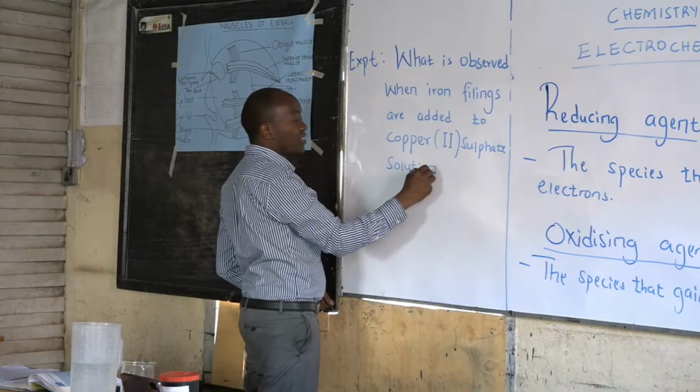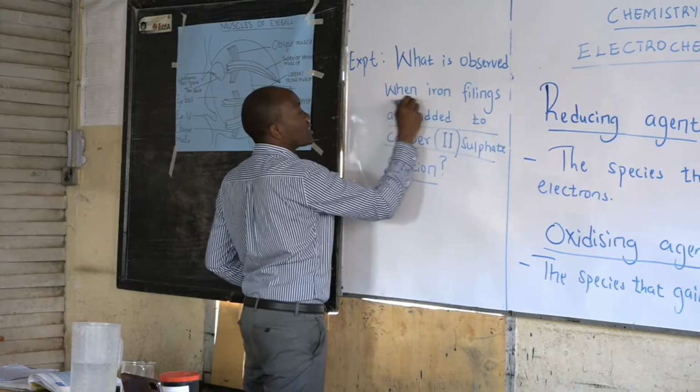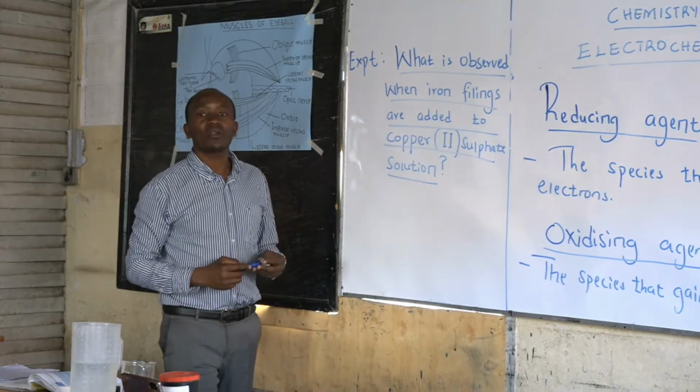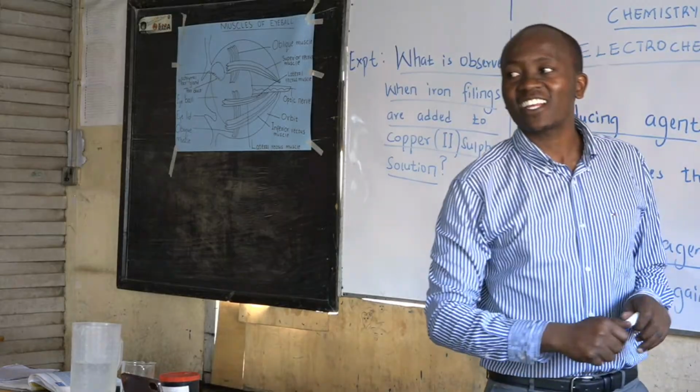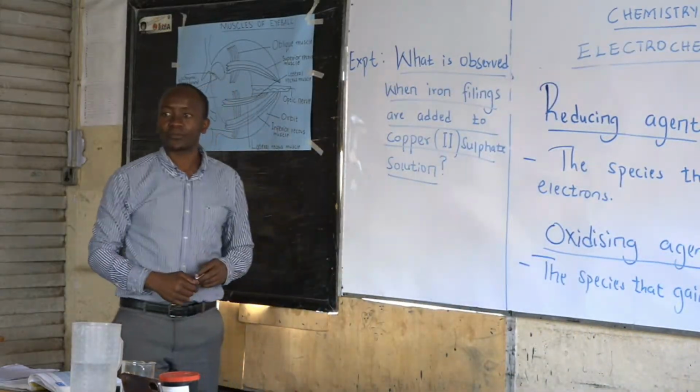So it's a question we are asking ourselves, and we just want to do a simple experiment to see what is observed when iron filings are added to copper(II) sulfate solution.